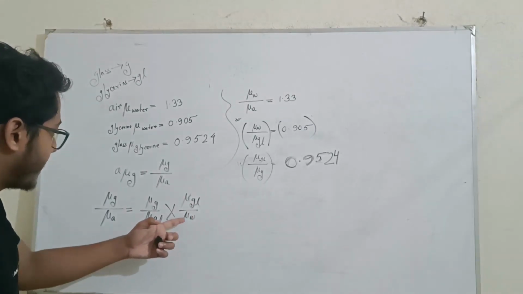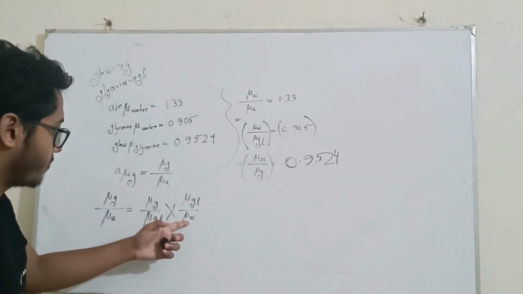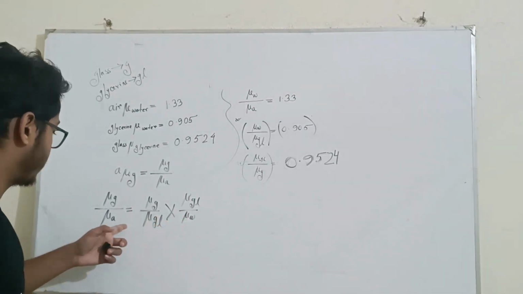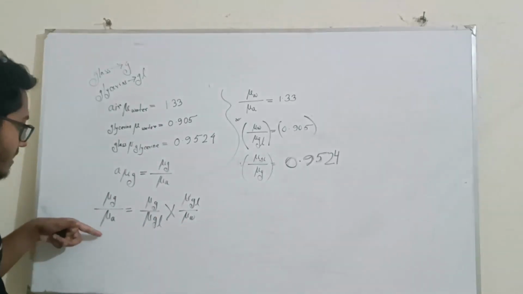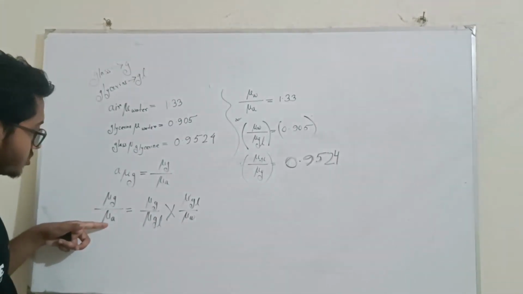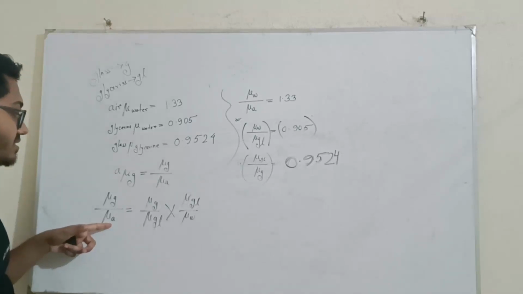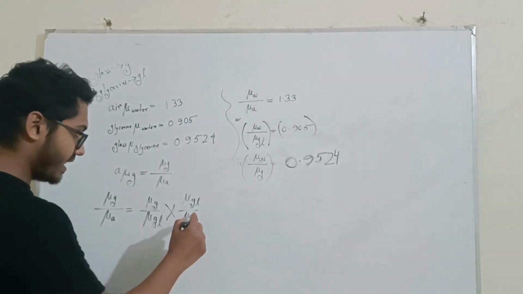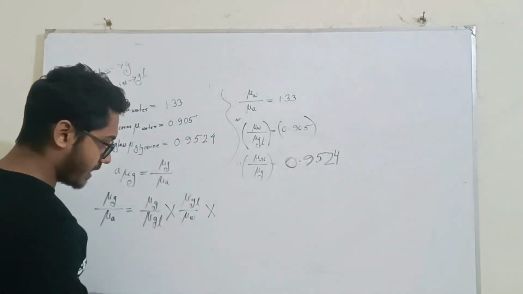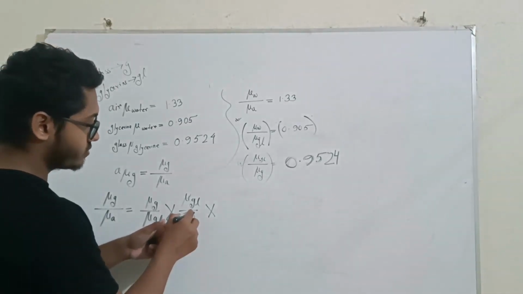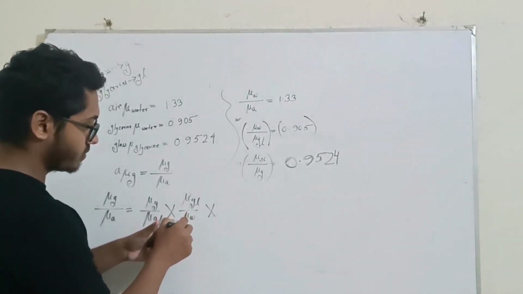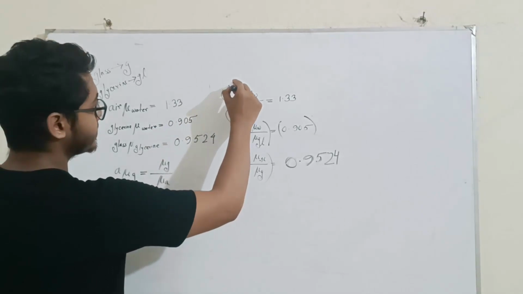However, we are getting at the denominator the refractive index of water, but in our main problem, in the denominator we have refractive index of air. So again we have to cut this refractive index of water from the denominator. For this we can see this equation.